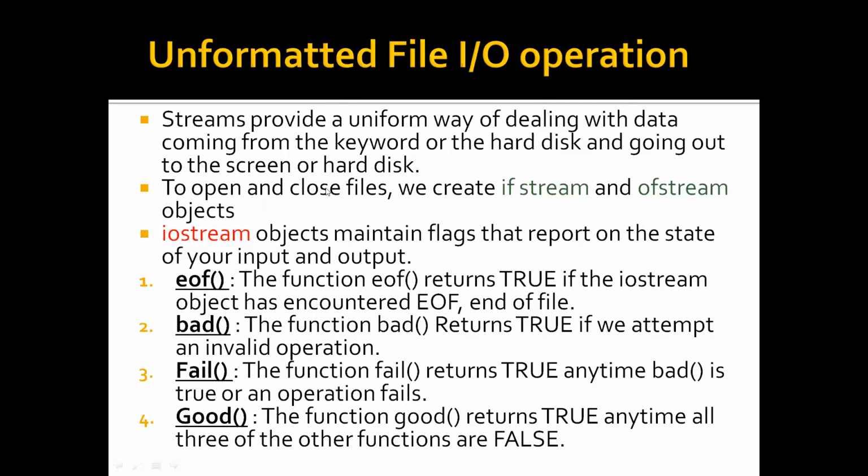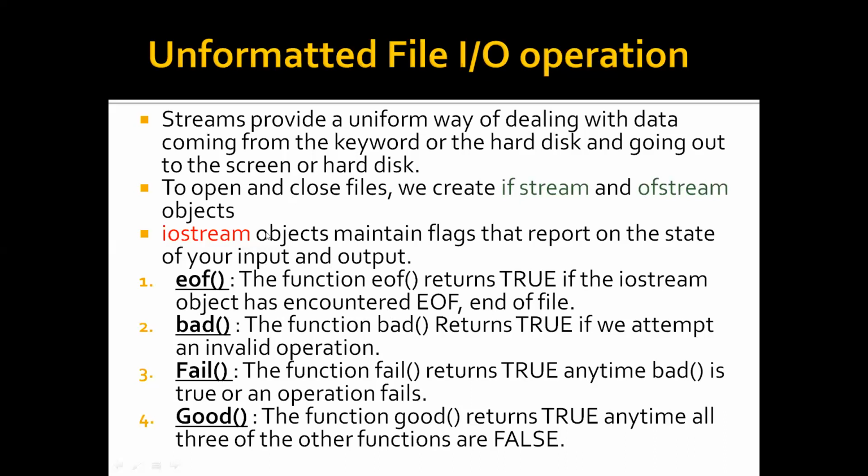To open and close files, we create ifstream and ofstream objects. When we want to open a particular file, we need to use ifstream and ofstream objects. These IO stream objects maintain flags that report on the state of your input and output.